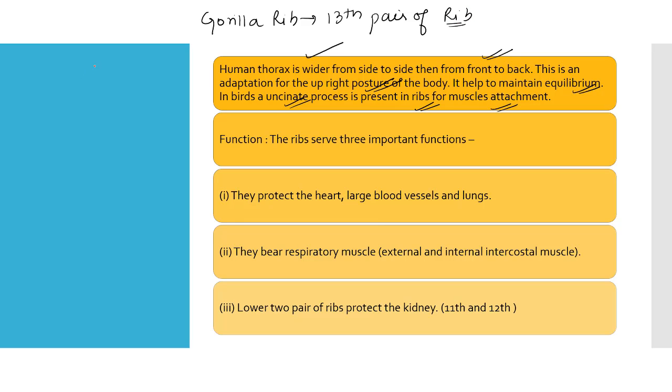Okay, if you will watch the diagram of a rib, it will be like this. This is head, shaft, and this is costal cartilage.